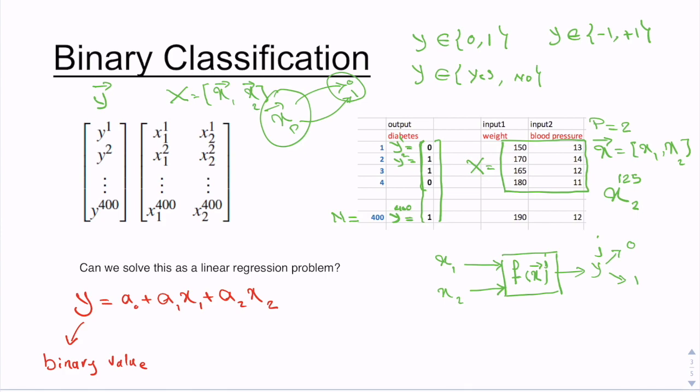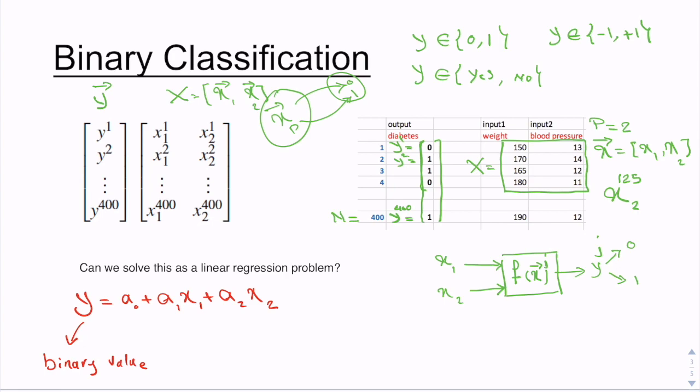As I said, one of the most important conditions is that y follows a normal distribution. So can we somehow manipulate y such that it becomes a normal distribution rather than a Bernoulli distribution? We'll show that we can do that, and that will lead to what is called a logistic regression classifier.